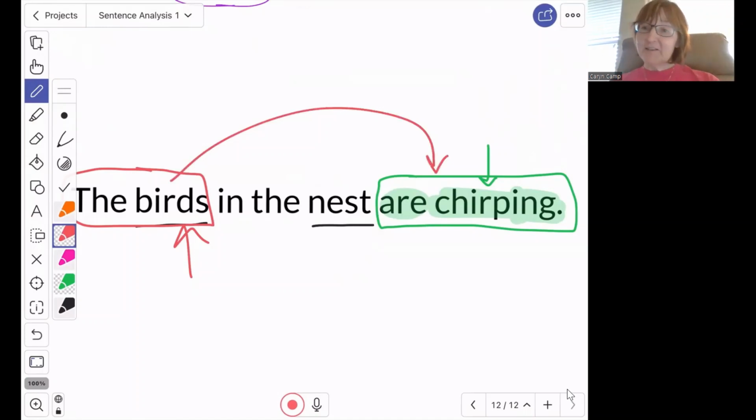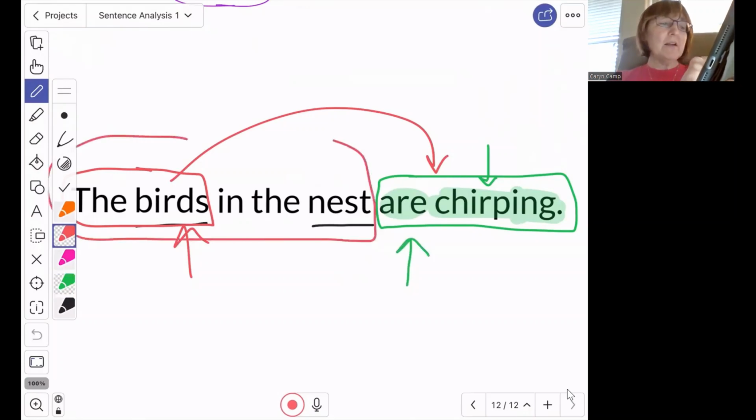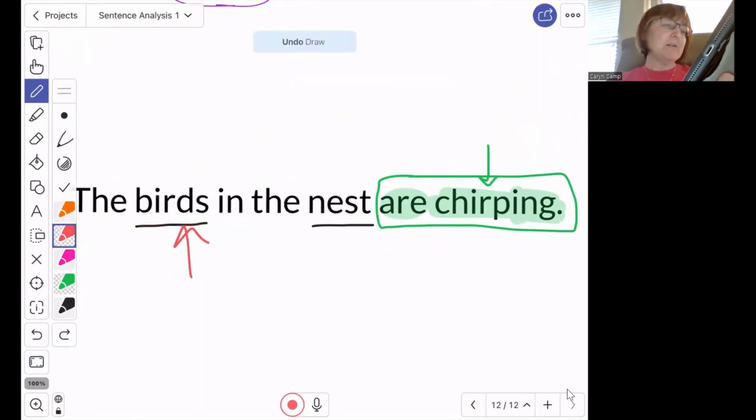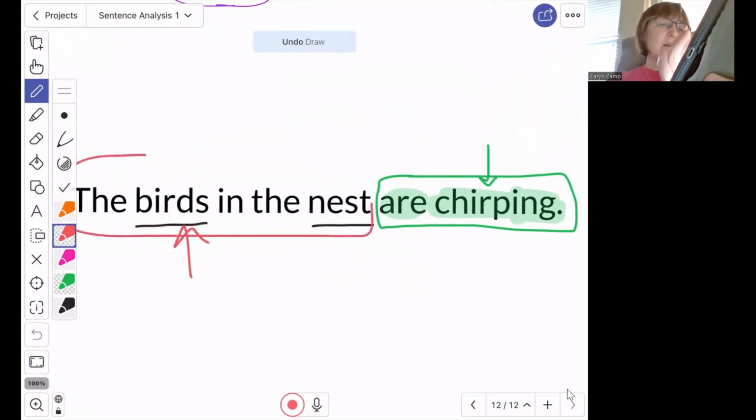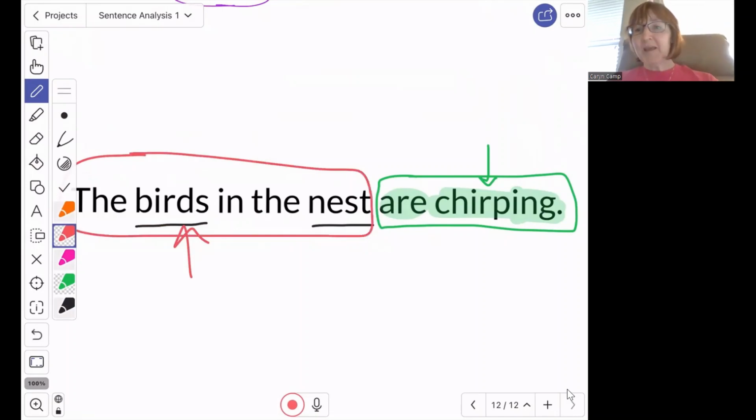So what's this nest doing, right? It's coming before are. It cannot be part of the predicate because the predicate begins with the verb, which means this whole thing here is part of the subject. All right, I'm getting a little bit messy here. This whole thing is part of the subject, okay? That's the complete subject. We can take a sentence and divide it into just 2 parts, a complete subject and a complete predicate, a red box and a green box.